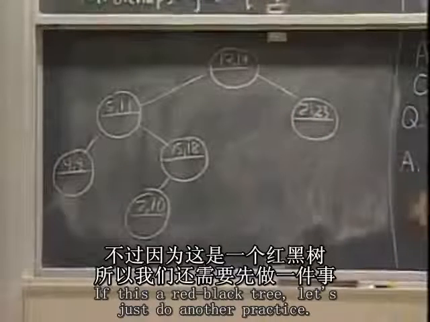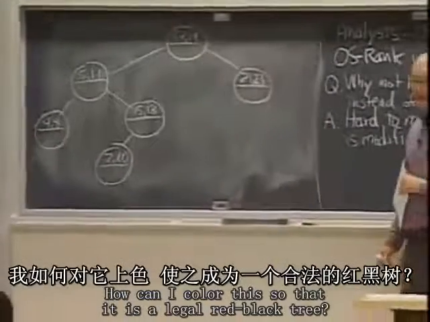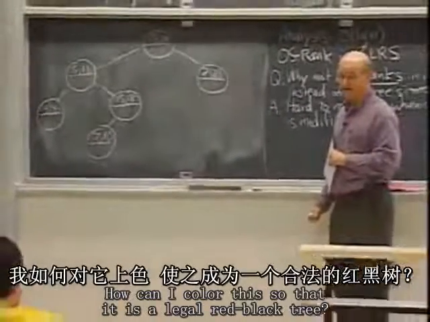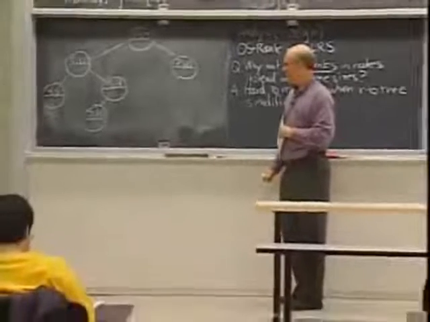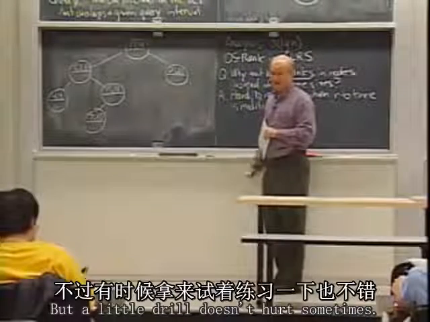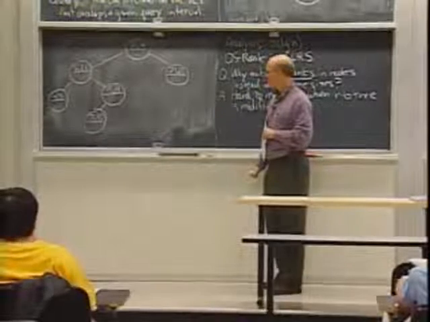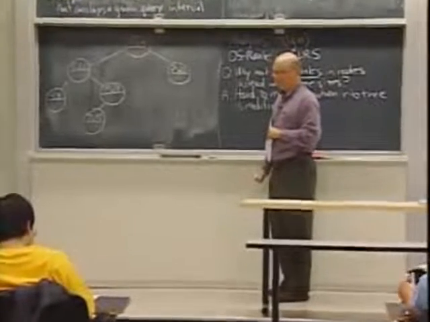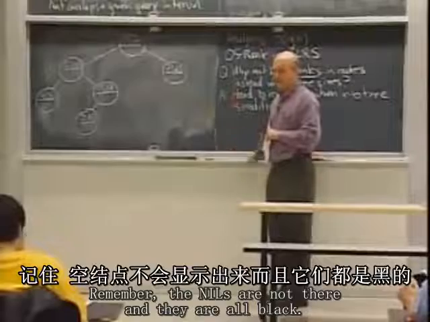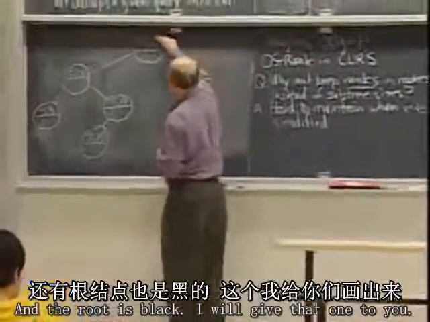If this is a red-black tree, let's do another practice. How can I color this so that it's a legal red-black tree? Not too relevant for what we're doing right now, but a little drill doesn't hurt sometimes. Remember, the nils aren't there, and they're all black. And the root is black. I'll give that one to you.